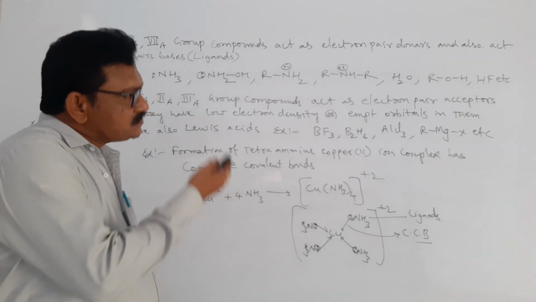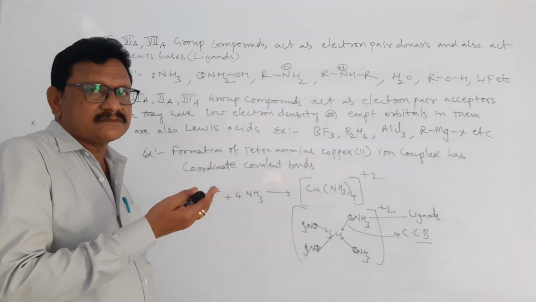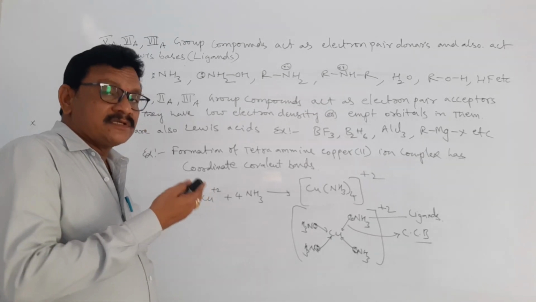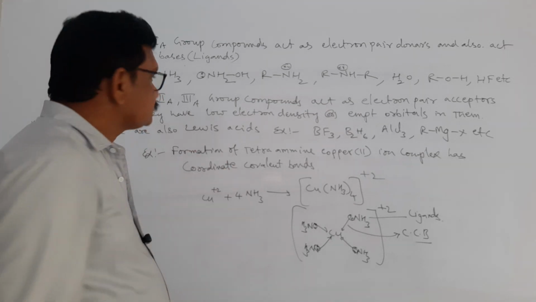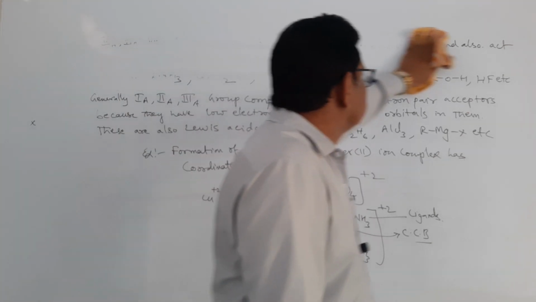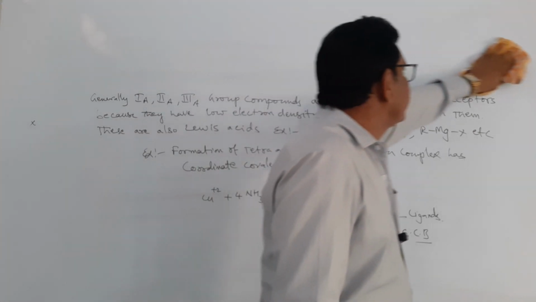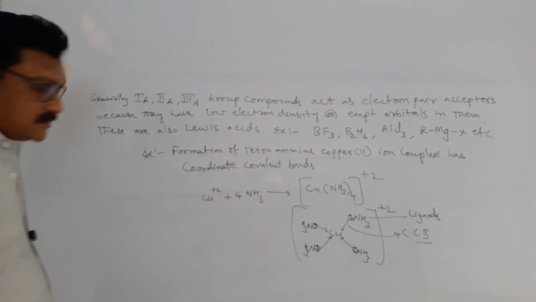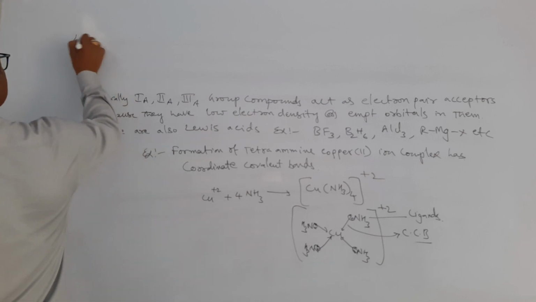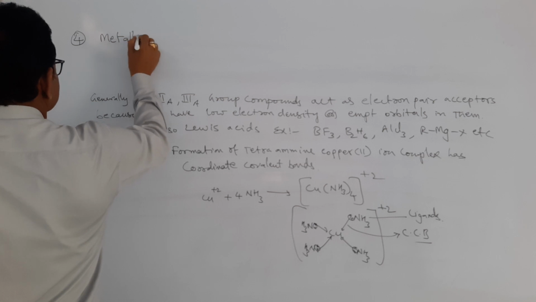See students, you can copy down running notes because it helps you a lot to understand, so that you remember for a long time. Okay, I remove this. Then the next type of bonding, the fourth type of bonding, that is metallic bond. It is a very simple one, metallic bond.